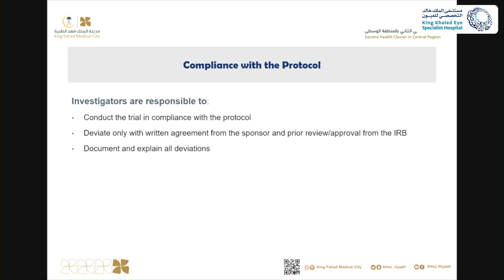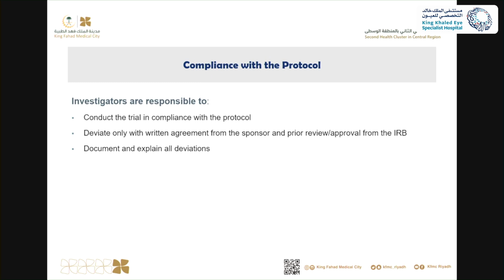It happens that we monitored the research pharmacy and discovered that there is an investigational drug that is expired. We are not blaming the research pharmacist alone. We will blame the investigator himself, because part of your responsibility is to go and check your drugs in the research pharmacy every once in a while.